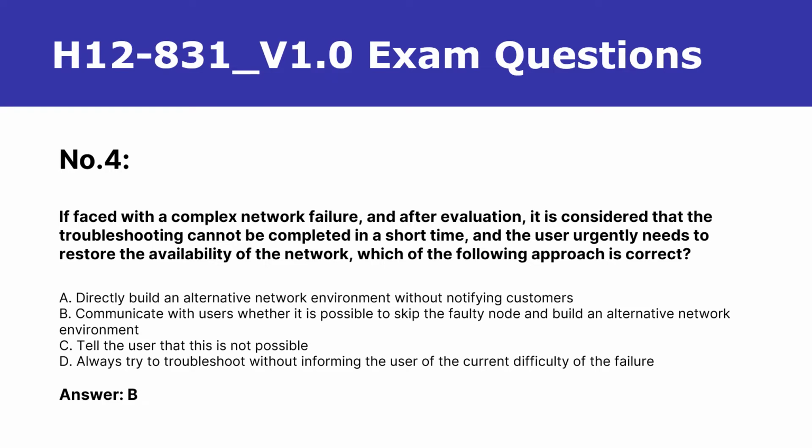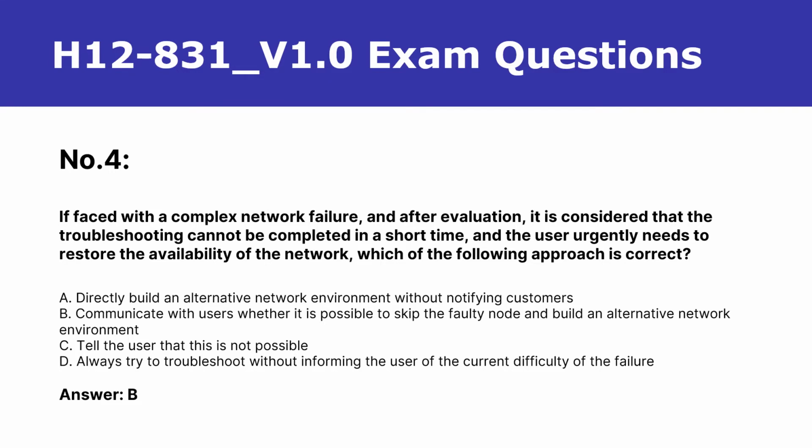If faced with a complex network failure, and after evaluation, it is considered that the troubleshooting cannot be completed in a short time, and the user urgently needs to restore the availability of the network, which of the following approaches is correct? A. Directly build an alternative network environment without notifying customers.